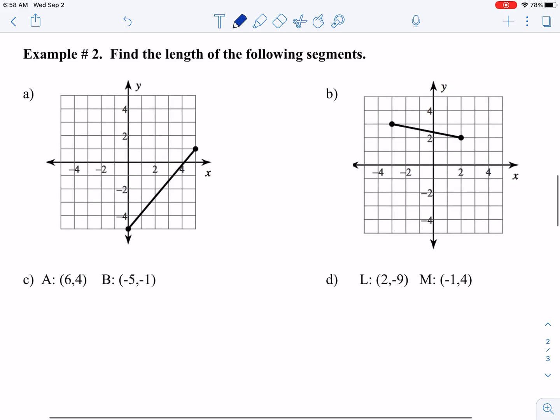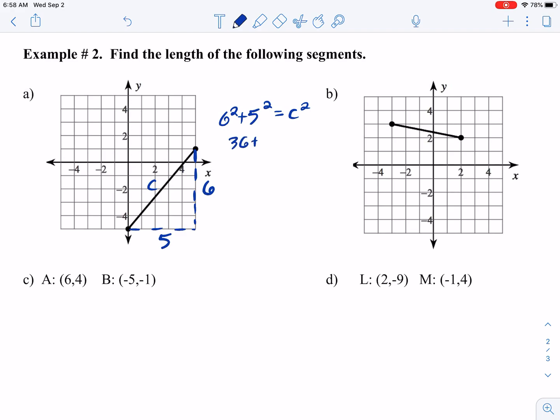For A, let's make our right triangle. You can make it above or below that segment. Count your vertical length. Count your horizontal length. 6 squared plus 5 squared equals C squared. C will always be the hypotenuse of your right triangle. 36 plus 25 equals C squared.